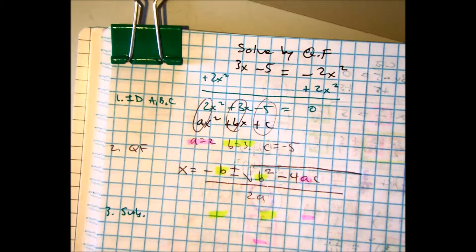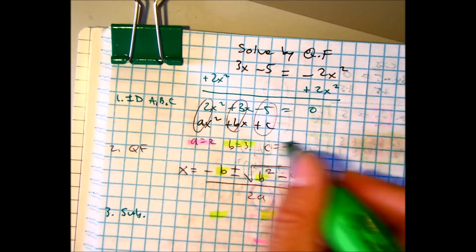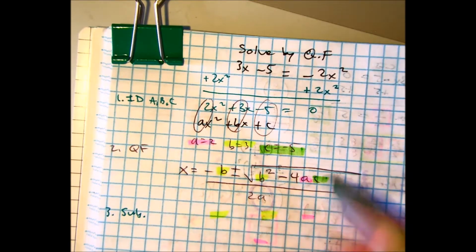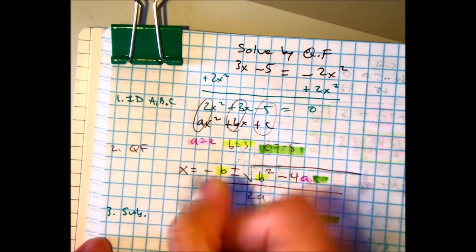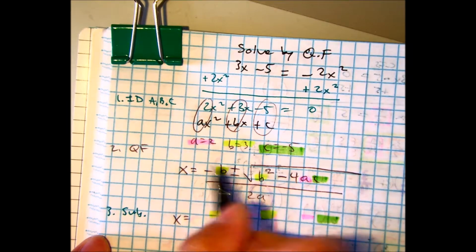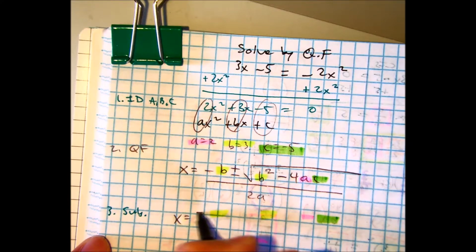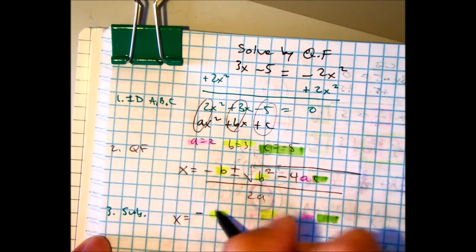And every, what am I missing? C value will be negative 5. Remember, when you're doing your substitutions or evaluating, you're always using parentheses.